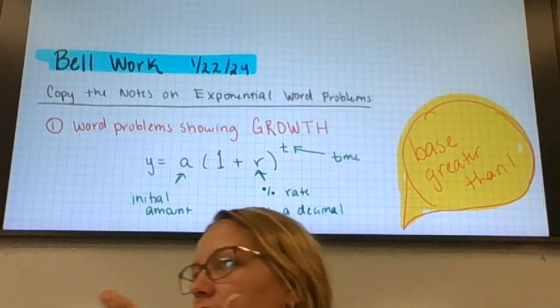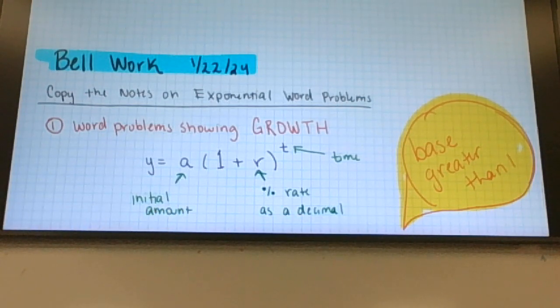In biology and in chemistry, there's a lot of exponential growth and exponential decay. So it's happening very much in our real world. A lot of scientists use exponential functions, and then all of the finance industry. So there's a lot of application here.